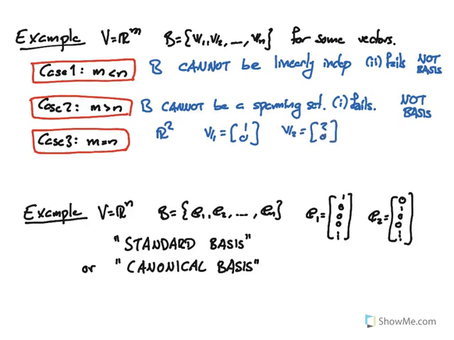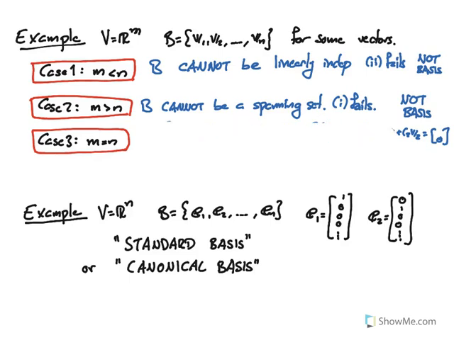Now, you have 2 problems. On the one hand, this is not a spanning set, because if you have any linear combination of V1 and V2, the second entry will necessarily be 0. So it's not a spanning set, and these 2 vectors are linearly dependent, so you can never have uniqueness.